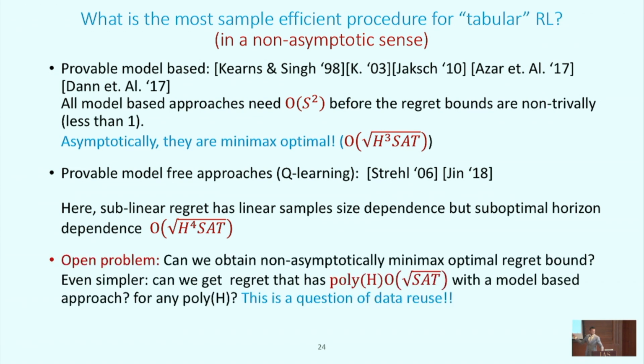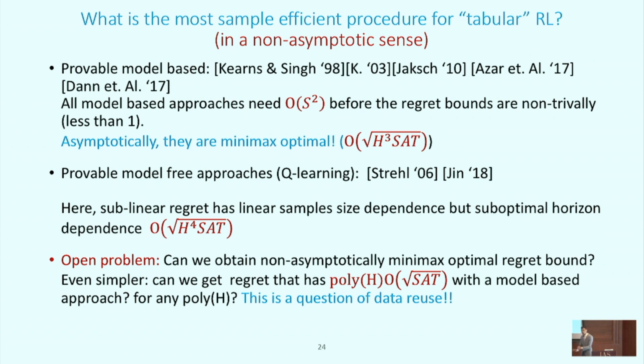Okay? So the open question here is, can we get something non-asymptotically minimax optimal that kicks in before we have a good model of the world? Okay, and an even simpler question, so our conjecture is the model-based approaches are fine, but an even simpler question here is, can we actually handle data reuse in model-based approaches and get any regret bound that's poly H that looks like that?